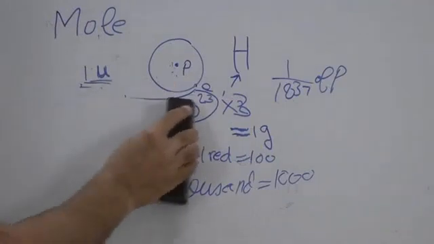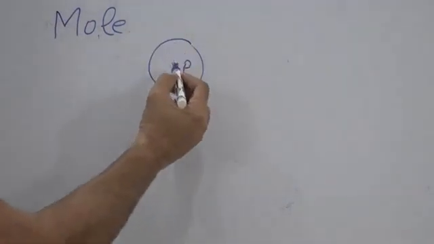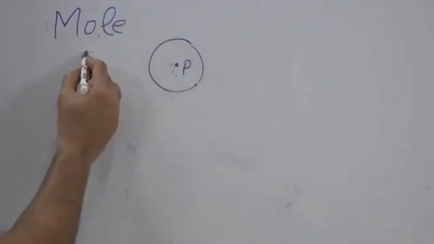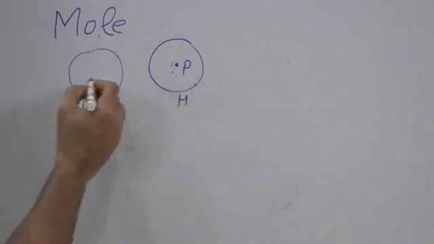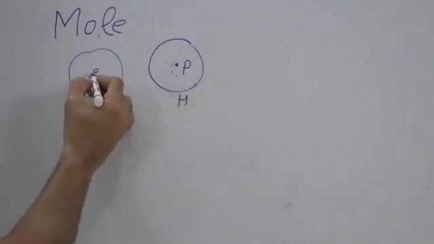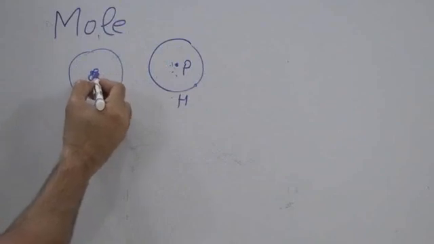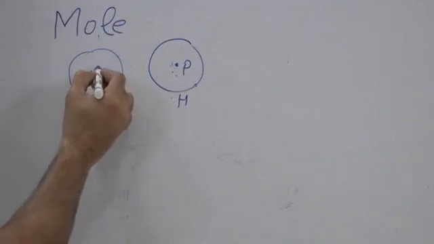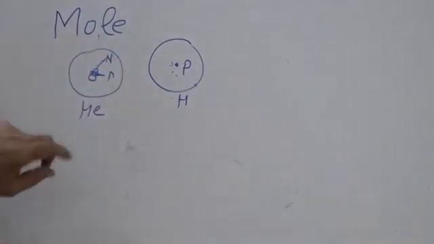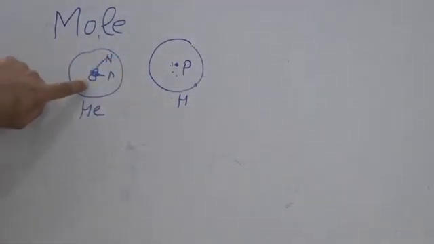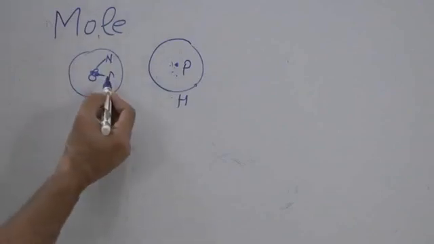Let us go ahead. Here, this is protium. We take helium. In helium, there are 2 protons and 2 neutrons. Approximately, every neutron has mass almost equal to a proton.